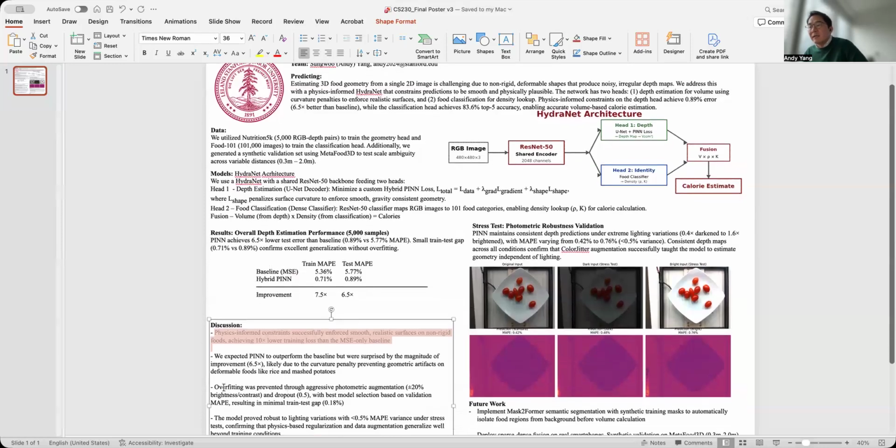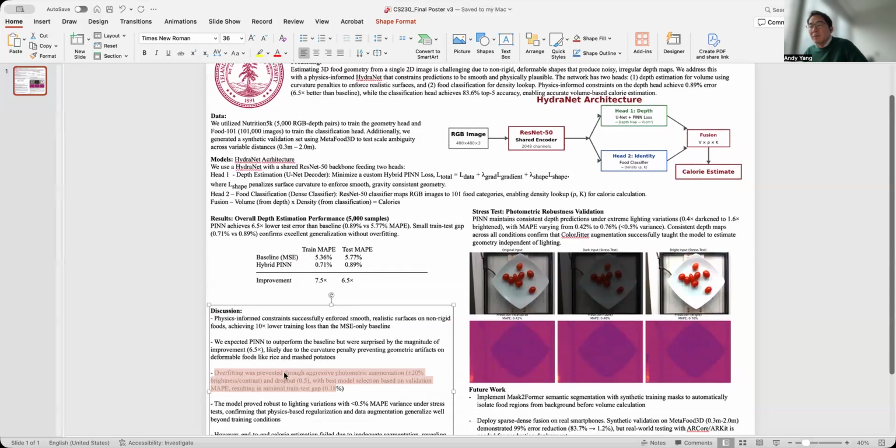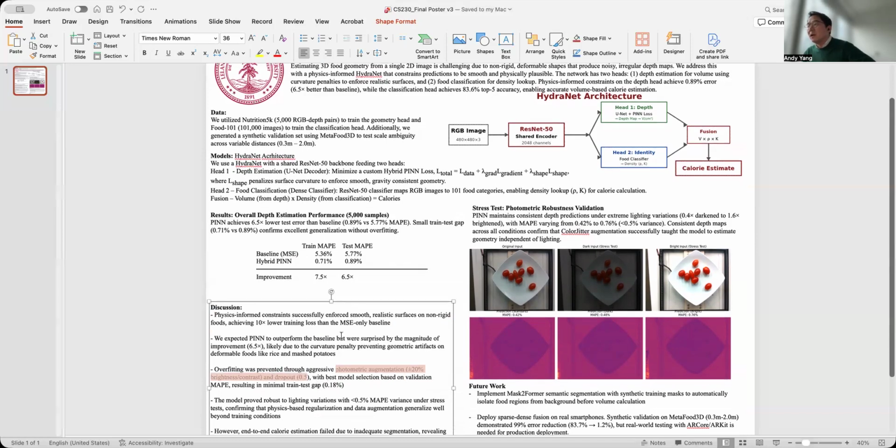I used overfitting prevention techniques by adding randomly selected samples for photometric augmentation for lighting, plus or minus 20%. That makes sure the model learns from geometry, not from lighting. I also applied dropout of 50%.